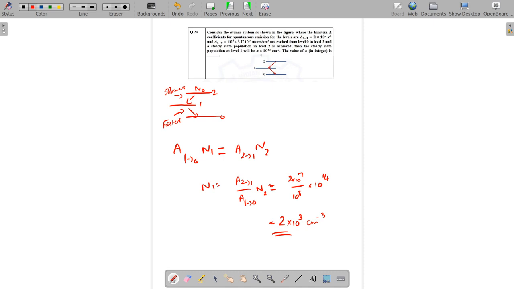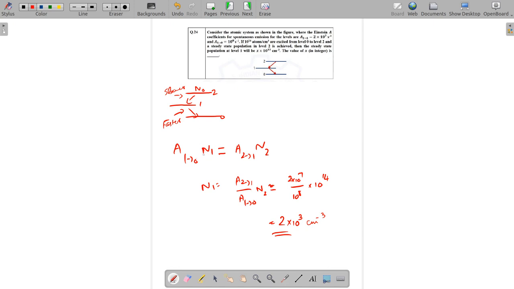So the question is, in that steady state, what will be the population in level 2? With what is given, I am omitting absorption and stimulated transitions, but since no details are given about those, we have to neglect them. Under these assumptions we can see that A 1 to 0 N1.